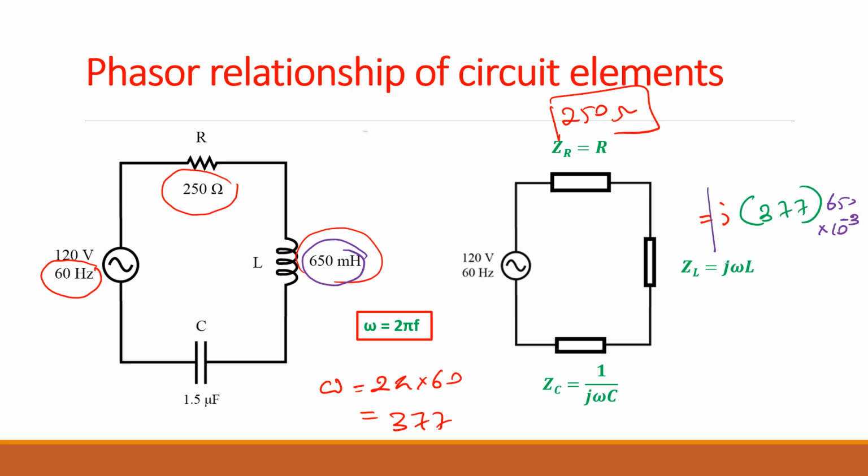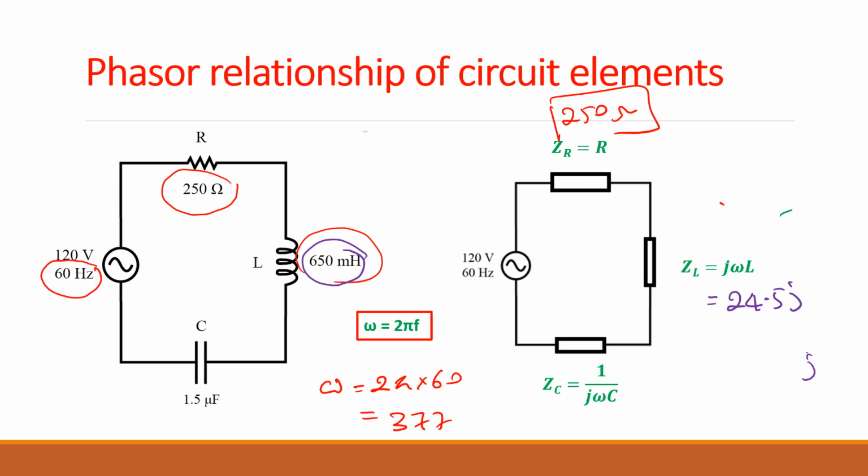When you put this in the calculator, you can keep the j aside. So 377 times 650 times 10 to the negative 3, or else you just divide by 1000. That is 245. So this will be 245 j. Make sense? Any question?